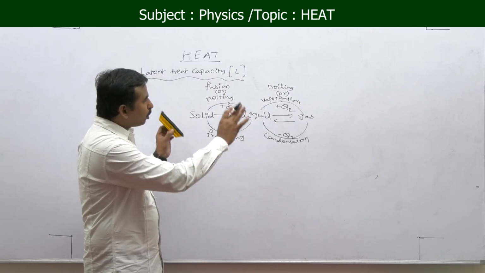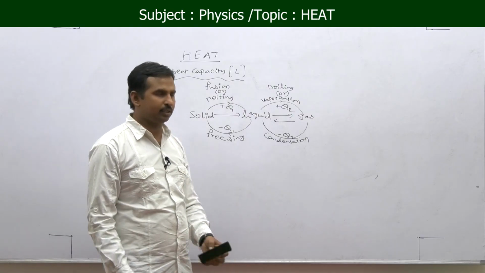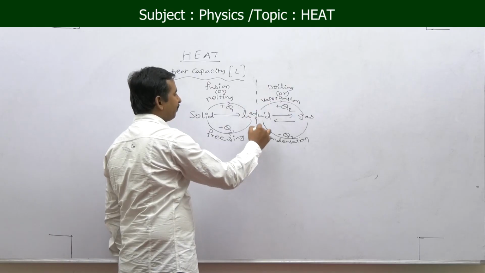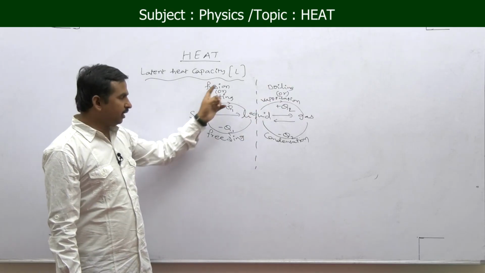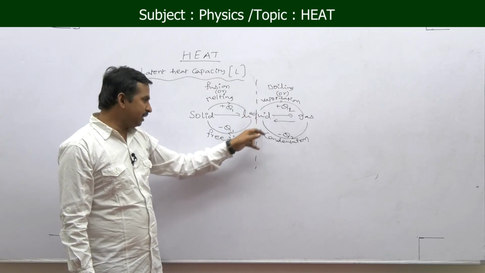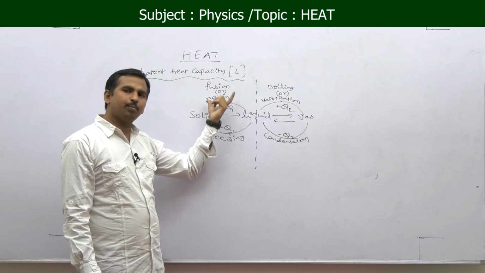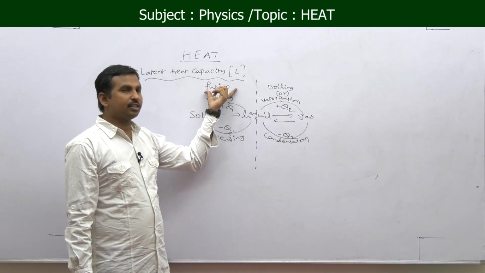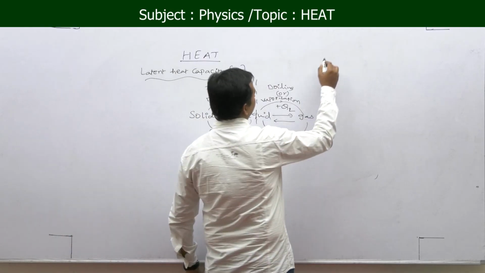Based on these 4 changes of state, we mainly have 2 latent heats. One is the latent heat of fusion, whether it is taking or giving out the heat energy, as both are the same. So for both melting and freezing, we take the same latent heat, called the latent heat of fusion.